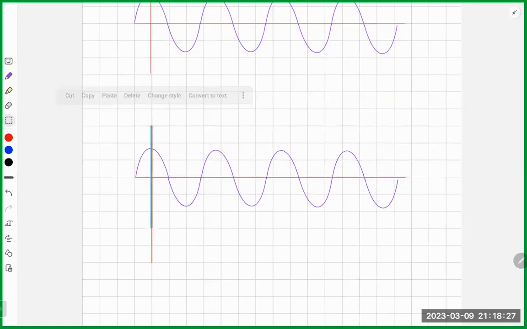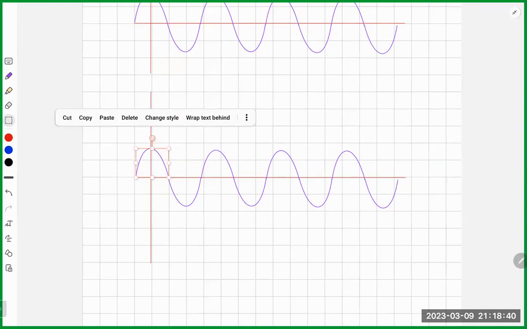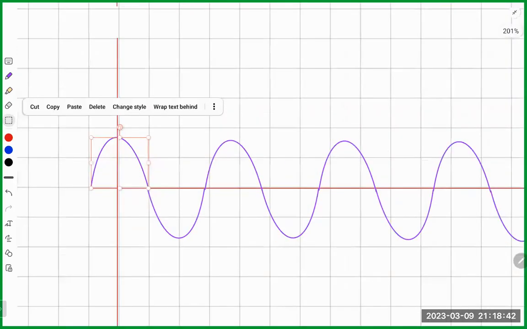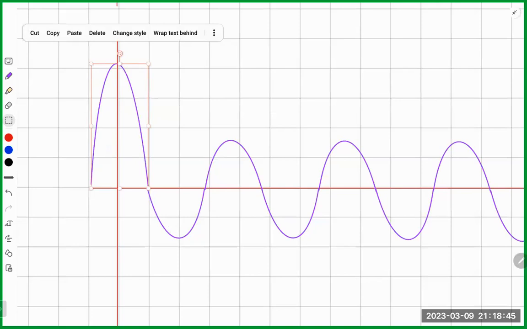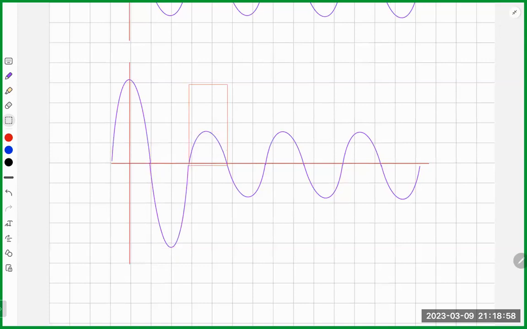How will this change if there are more turns in secondary coil than in primary coil? So this is what you should be expecting if you have more turns in the secondary coil than in primary coil.